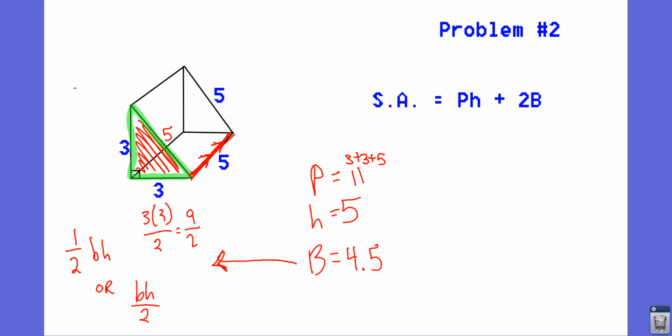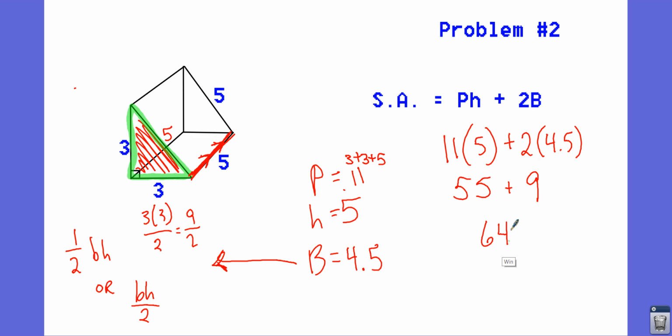Now we take these pieces and put them into the formula. 11 times the height of the prism, which is 5, plus 2 times the area of the base, 4.5. That's cool because it's going to give us our 9 again. Keep in mind the first part is always your lateral surface area. That would be the 3 rectangles that are connecting the 2 triangles together. 55 plus 9 should give you 64 square units.